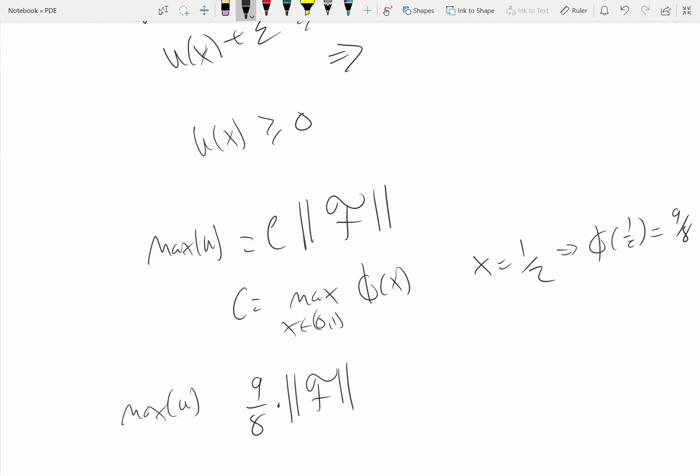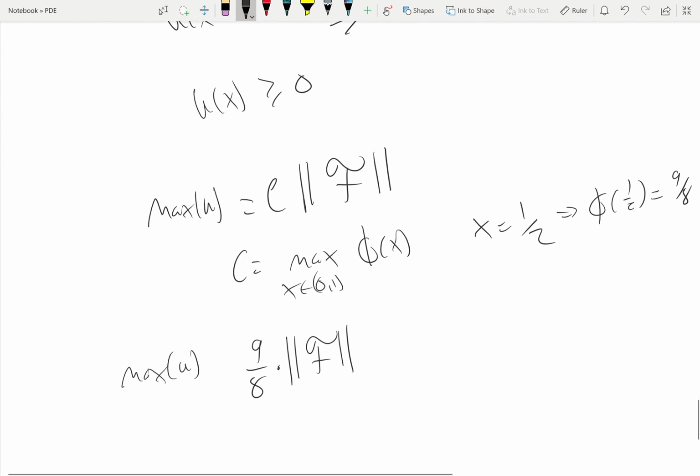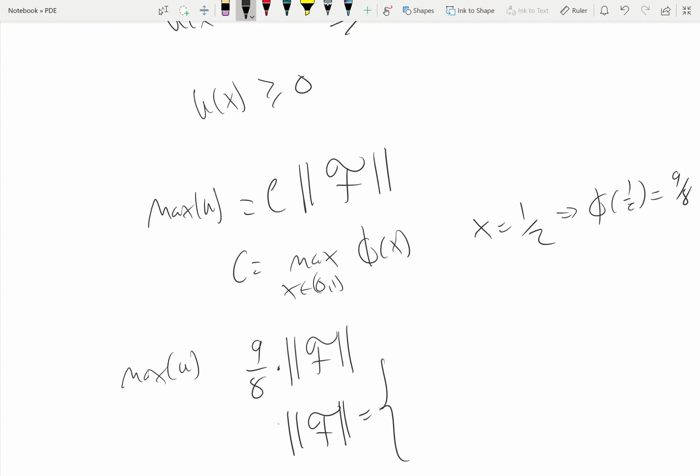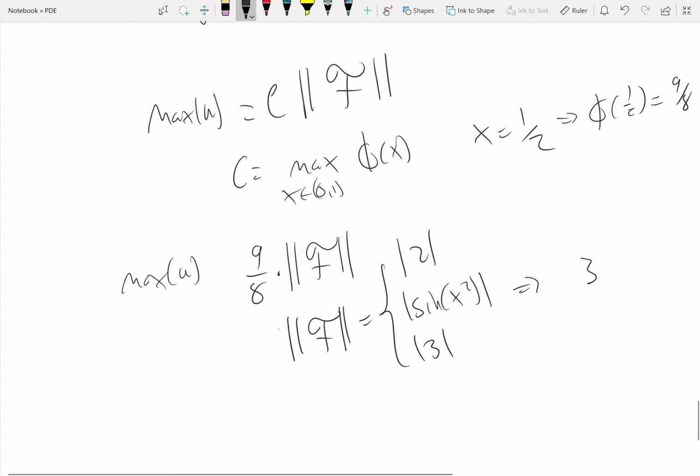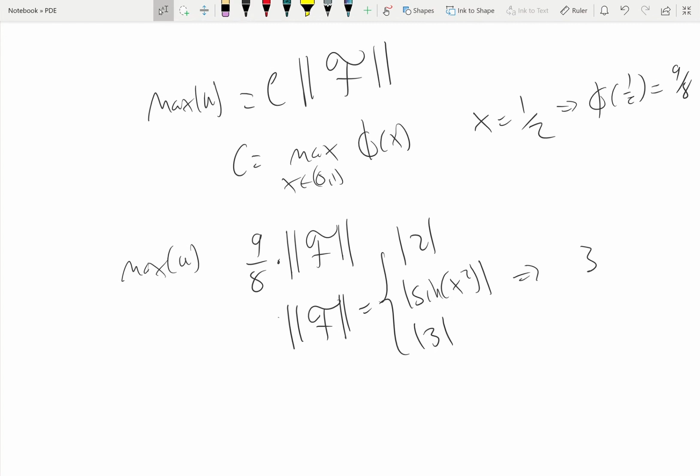And since f, right, is equal to the maximum value of 2, the maximum value of sine x squared, and the maximum value of 3, which implies that 3 is our maximum, our chosen one.